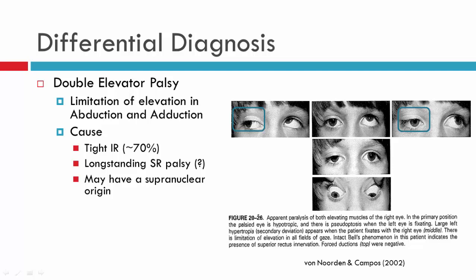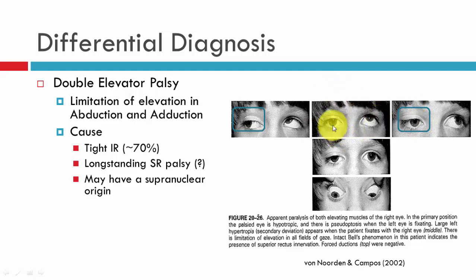Have a look at the patient to the right here. This is them in primary, down gaze and up gaze, and this is dextroelevation and laevoelevation. We can see in dextroelevation that the superior rectus is limited, and the superior rectus is supplied by the third nerve. When we come over to laevoelevation, the inferior oblique is limited, and this is also supplied by the third nerve.